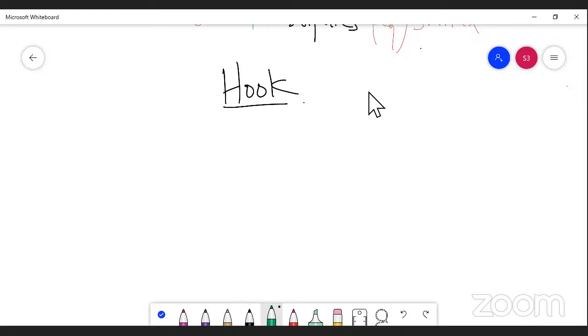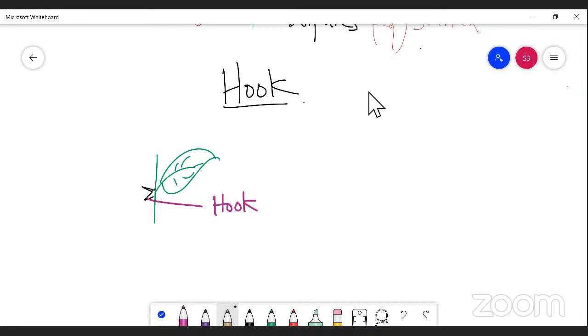Simply, this is the leafy portion, right? Repeatedly I am drawing in order to help you understand. On the opposite side, a leaf should be present here, but instead here you can see hooks. The hooks are nothing but a modification of leaf.